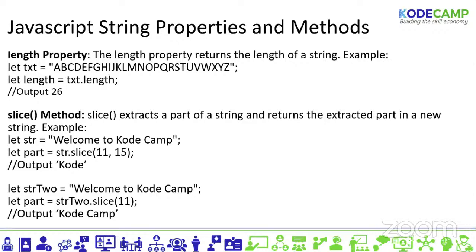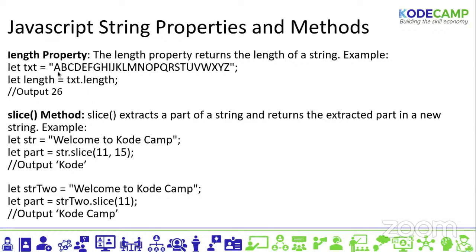Properties are what is peculiar to it. So if we check this string, for example, this is A to Z, and then if we check the length of this A to Z, which is a string of course, we see that it gives us 26.